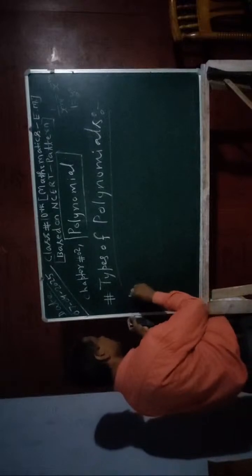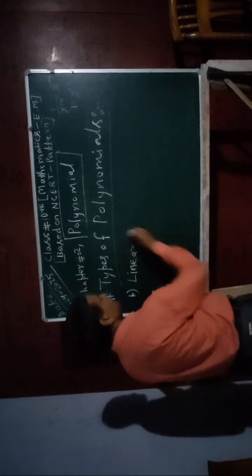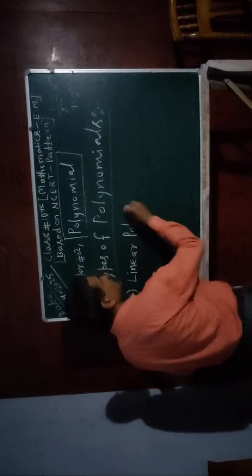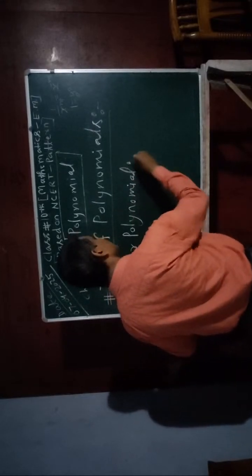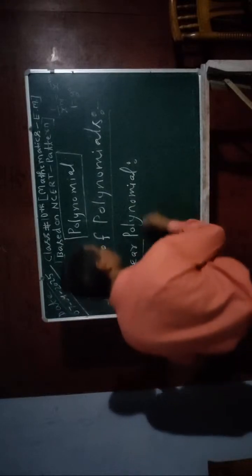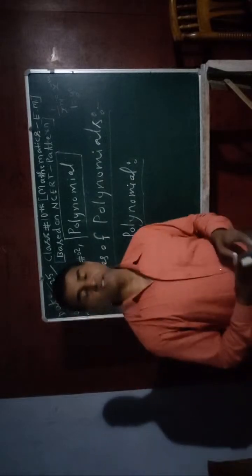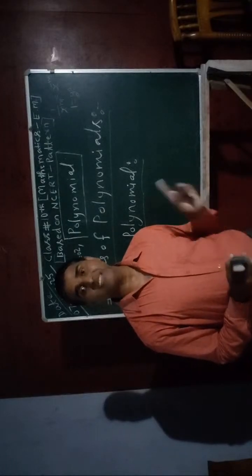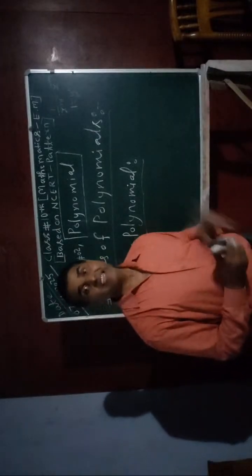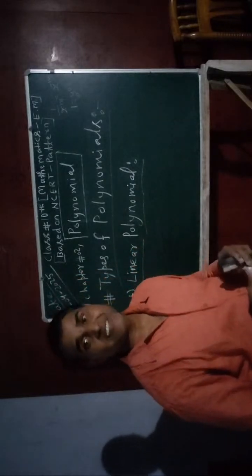The first is the linear polynomial. What is the definition of a linear polynomial? A polynomial which is in the variable x and has power 1 is called a linear polynomial.